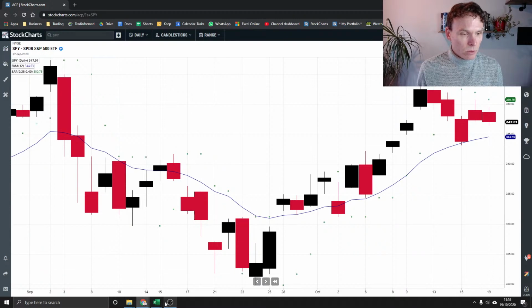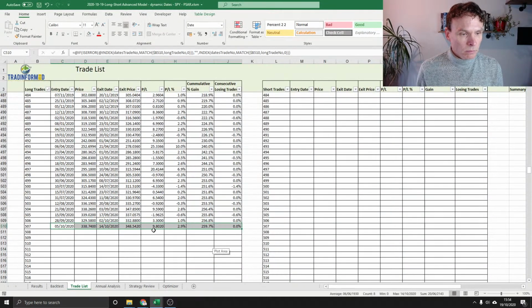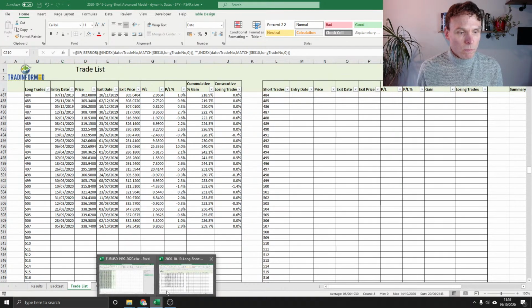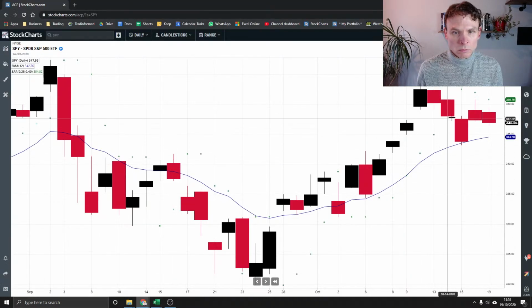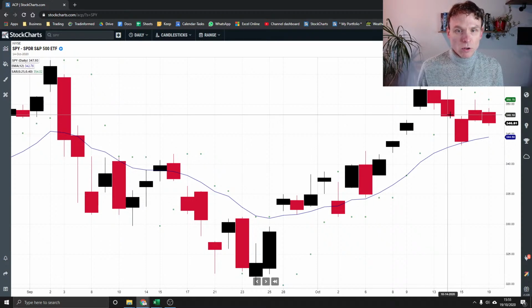Let's see what we're getting out at. So it's a 2.9% move in the underlying market. 348.54. Okay, so we're getting out at 54, somewhere down here towards the bottom.